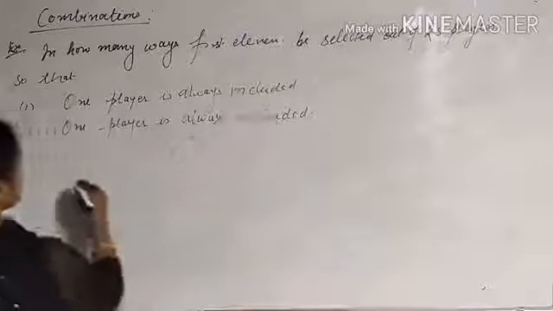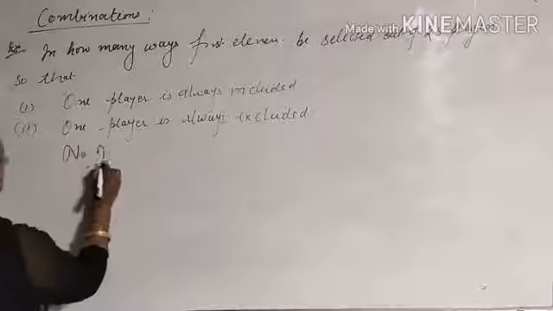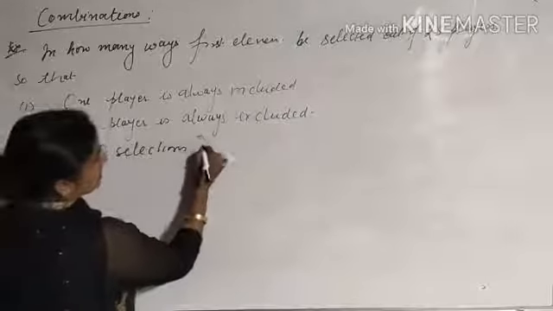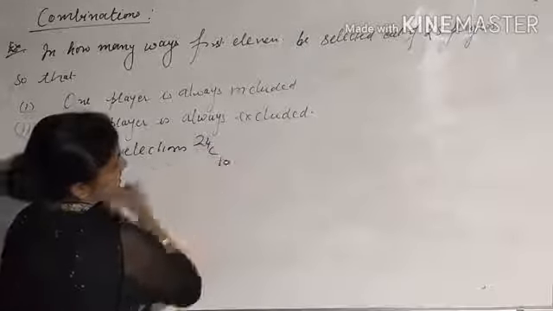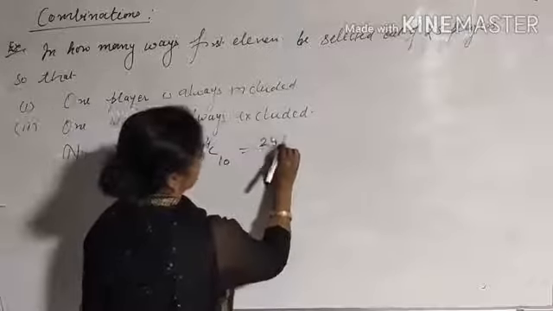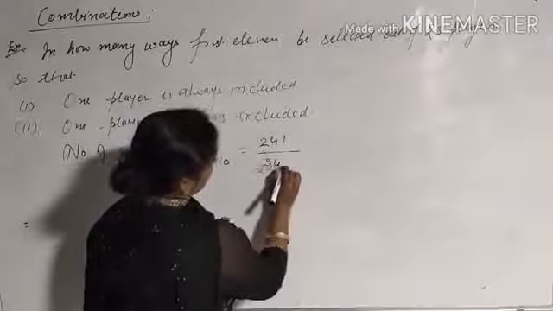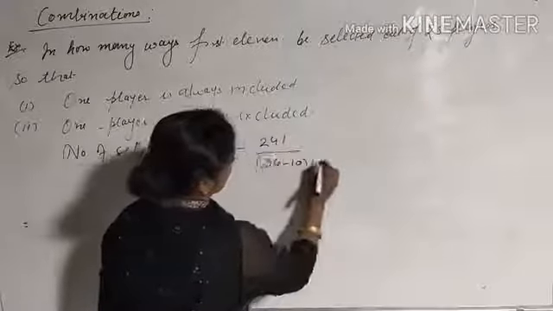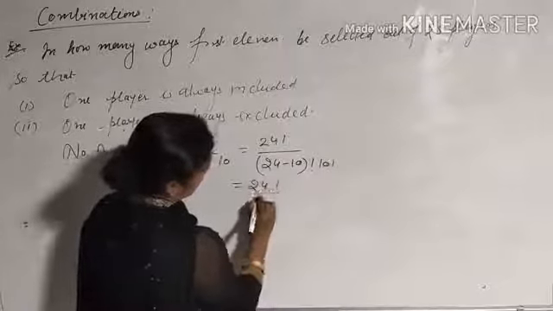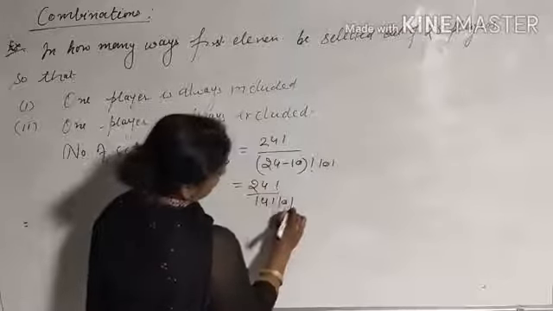So the number of possible selections, or number of groups, will be 24C10. The number of ways will be 24 factorial by (24 minus 10) factorial into 10 factorial, and that is 24 factorial by 14 factorial, 10 factorial.